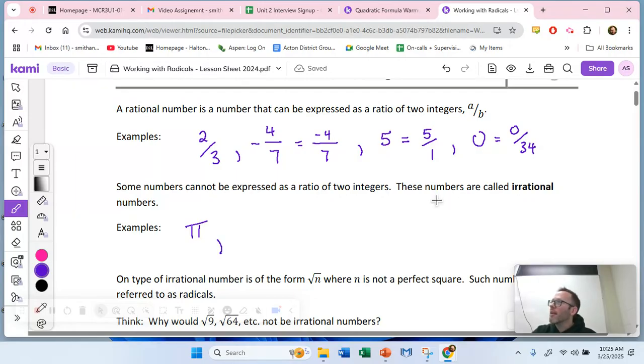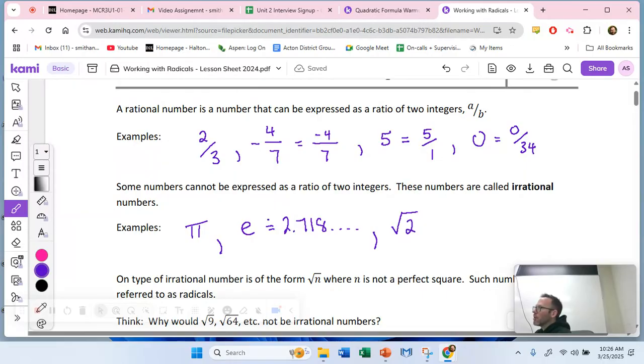When some of you take calculus next year, you'll learn about the natural number, Euler's number, e. It's about 2.718, and it goes on forever, just like pi does. But there's a special kind of irrational number called a radical, where it's a root, but it's not a perfect root.